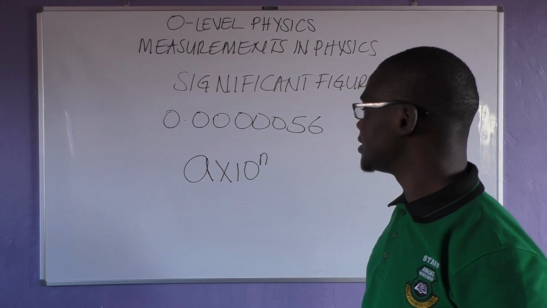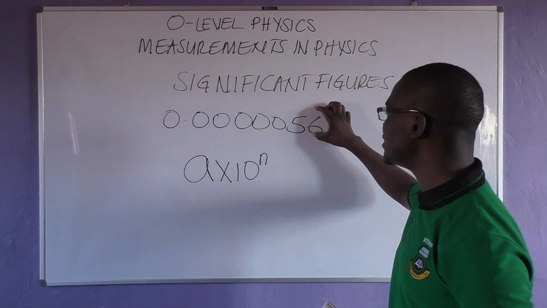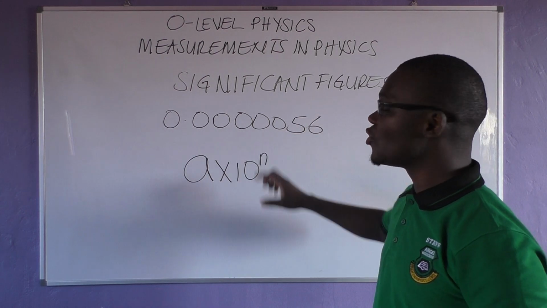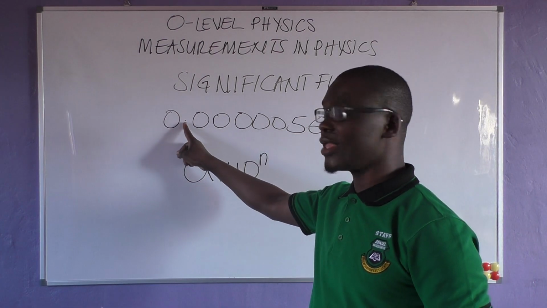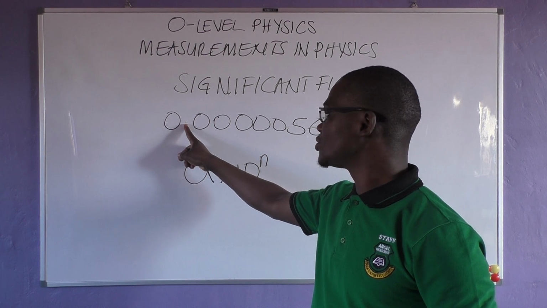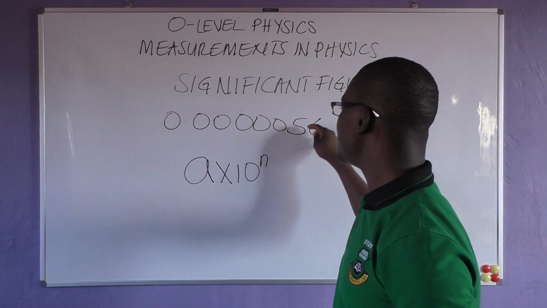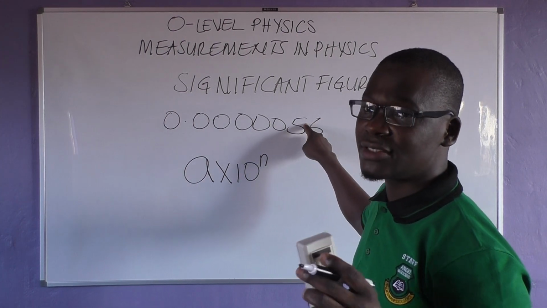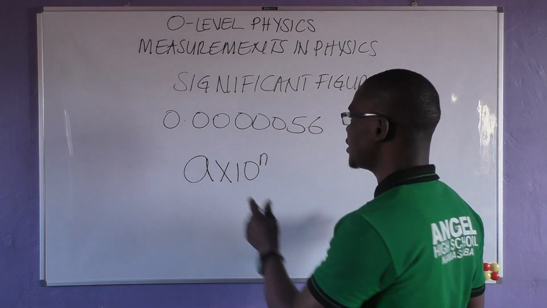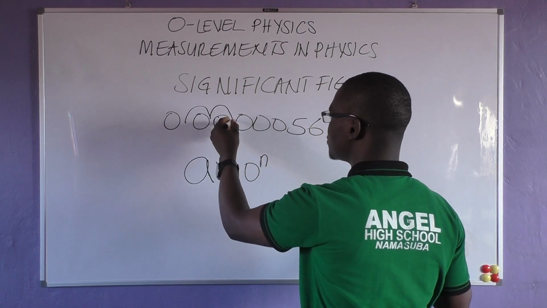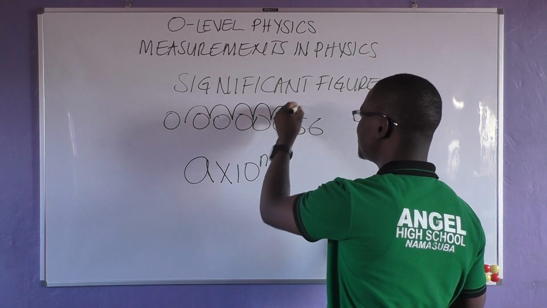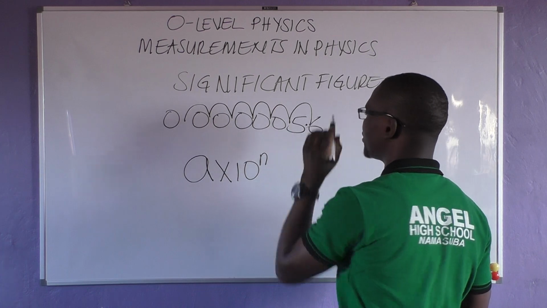And that means that when expressing this number in this form, we are going to move our point towards the right until we meet a non-zero digit. That is to say, this is 1, 2, 3, 4, 5, 6. So our point will be there.